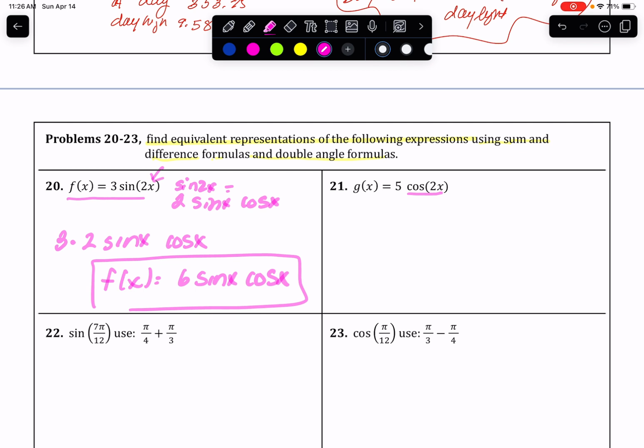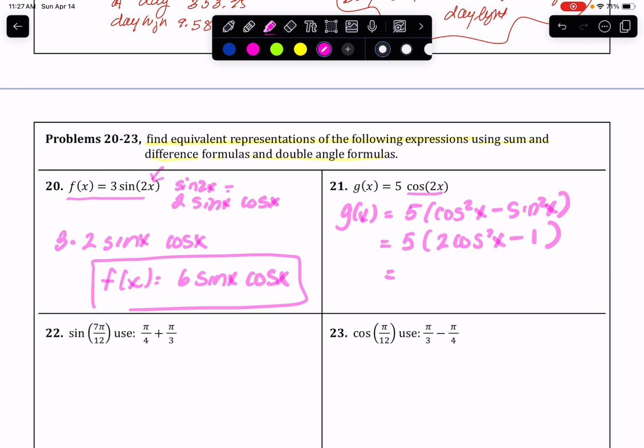So the first one would be g of x is equal to 5, and then cosine 2x would be cosine squared x minus sine squared x. We also have one that would be 5, and then it would be 2 cosine squared x minus 1.